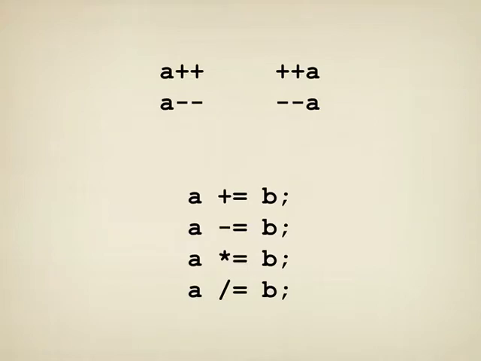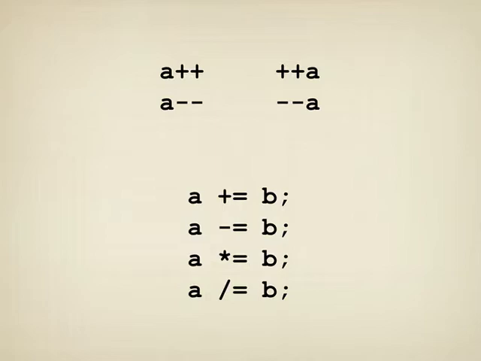Here are all of the shortcuts we've seen in this video in one place. The four at the top allow us to either add or subtract 1 from the variable, either before we do anything with the whole expression or after we do everything. The four at the bottom let us add, subtract, multiply, or divide one variable by another, while keeping it all nice and short and sweet.